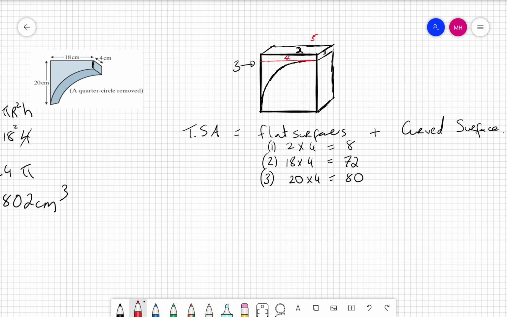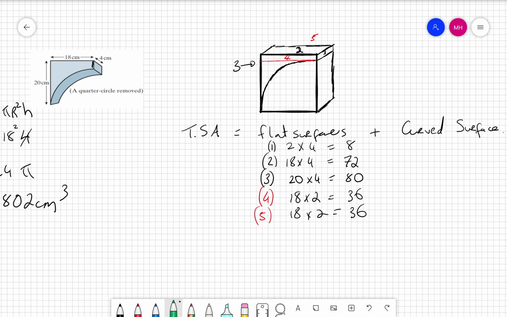Just this extra lip that I spoke about at the start of the question. So 4 is 18 long and it's 2, so that's giving you 36, and 5 is the same over the other side, that little lip. So it's 18 long by 2 again.